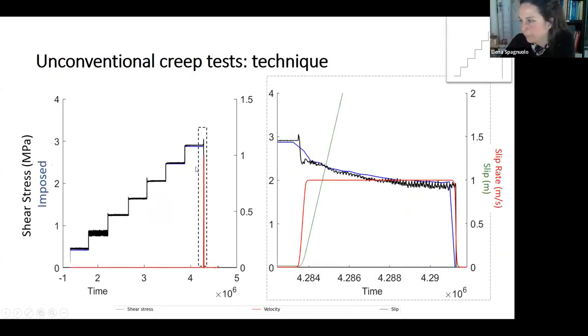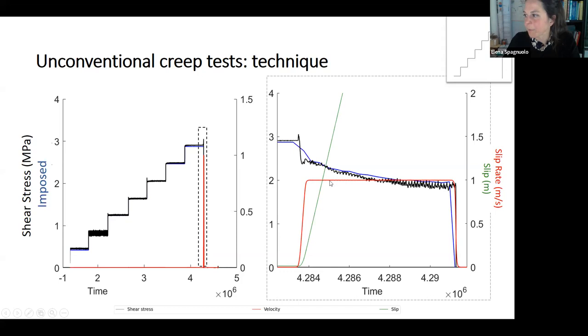Okay, now here. So if you zoom in this region here, that is the difficult part, because during the loading stage, the imposed and the shear stress are quite similar. But at a certain point, because the frictional strength is lowering, it's not possible for the engine to keep the shear stress constant, and the shear stress is dropping.